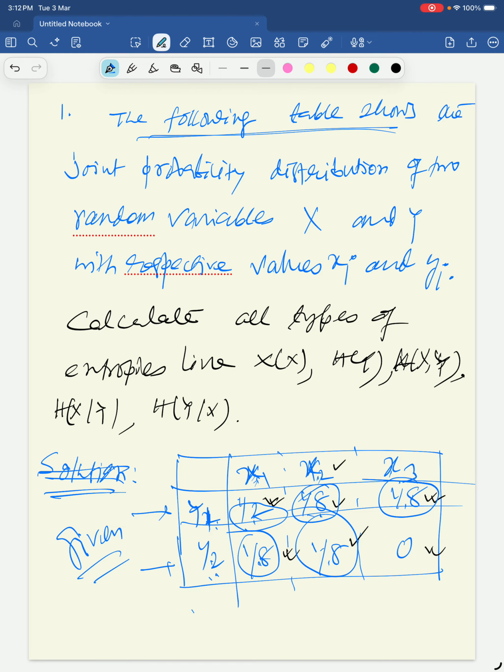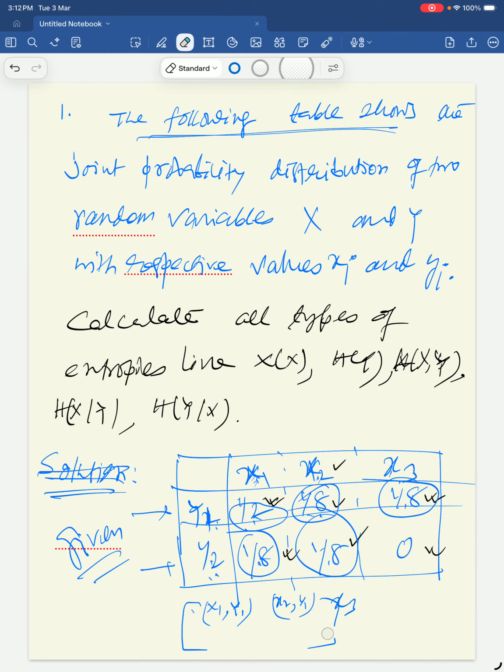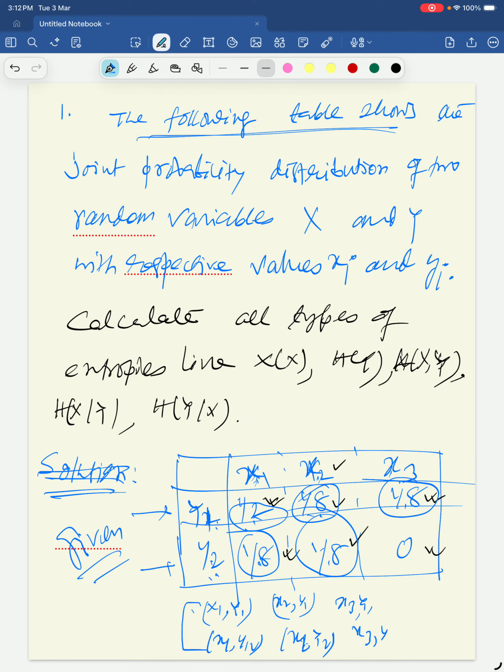We can write this if we make a matrix here: x1 comma y1, x2 comma y1, x3 comma y1, and again x1 comma y2, x2 comma y2, x3 comma y2.